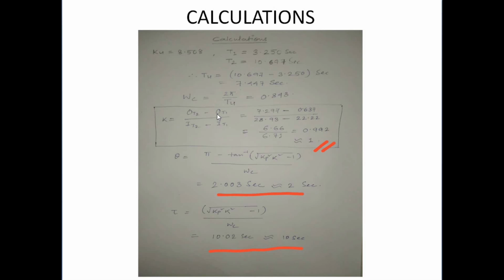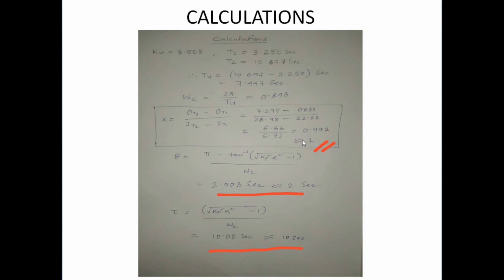So for k, output final minus output initial divided by input final minus input initial. These are the values. These values we have got from that display in the MATLAB Simulink model, right? So from this formula we can calculate the value of k, which is around 0.992, that means approximately up to 1.